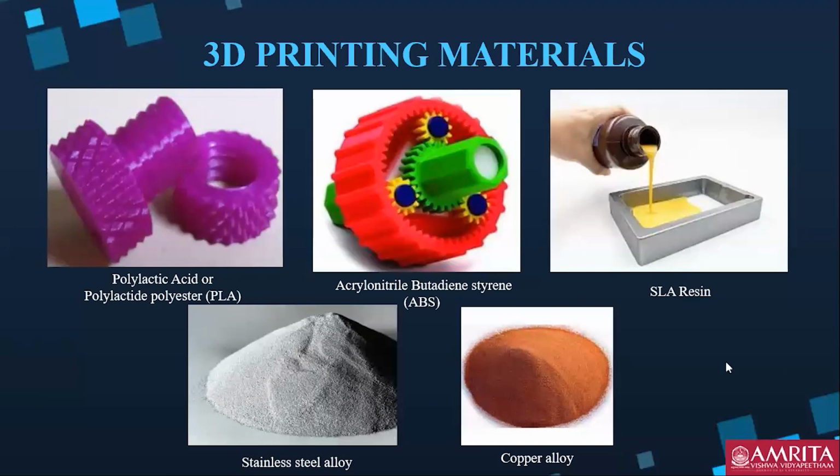Now in this slide, you can see different types of materials. This PLA, polylactic acid, a polyester, is used in FDM. If you remember, in FDM we have seen this material. I mentioned in the comparison PLA and ABS. These are good for making low cost prototypes.